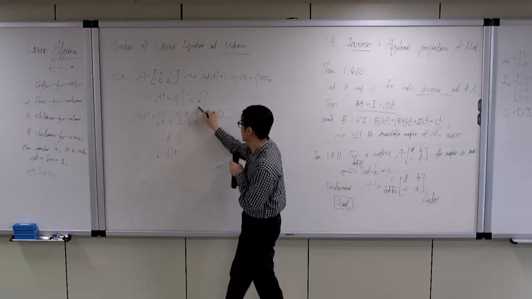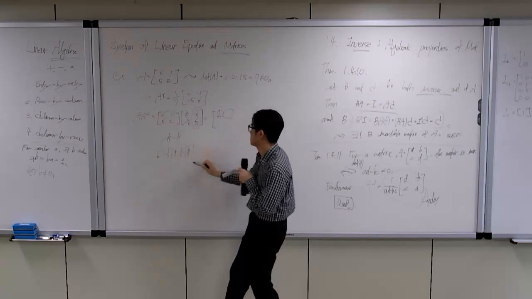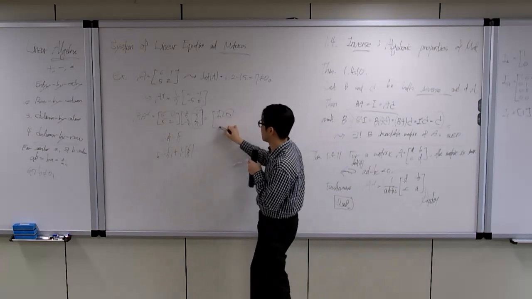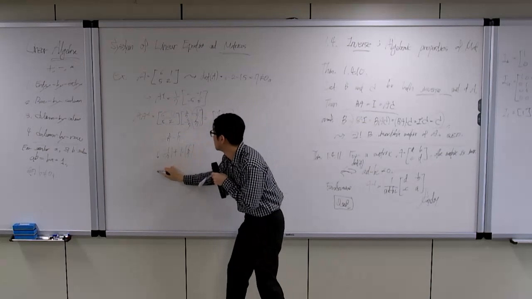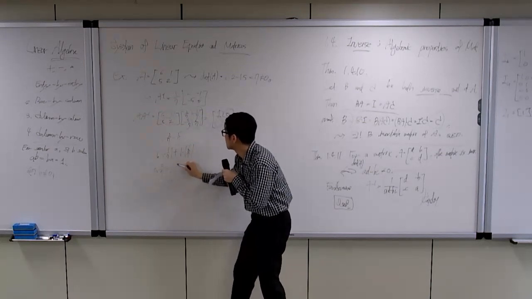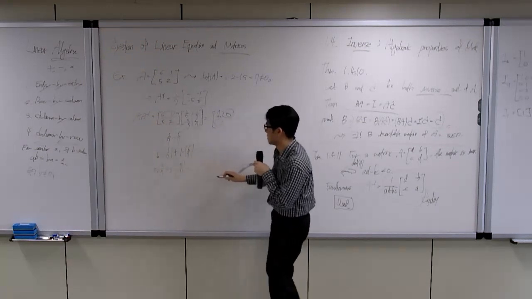We will calculate this: 1 plus 6 over 7, then it will be 0. And the third entry is plus 2 minus 5 over 7, which is 0.